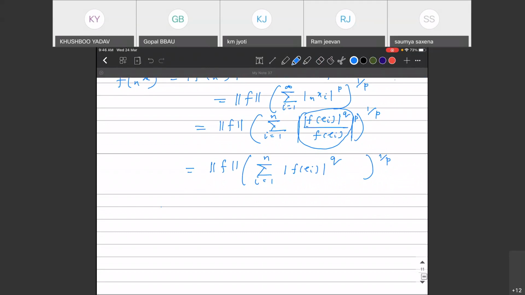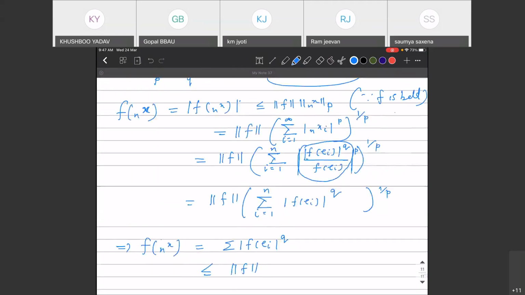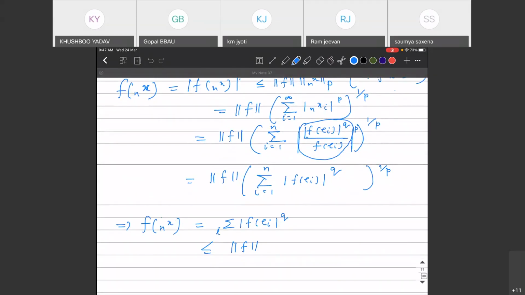So we get this. This implies f(xn), let me write it again, which was nothing but summation f(ei) to the power q, is less than or equal to norm f times summation i from 1 to n f(ei) to the power q, whole power 1 by p.